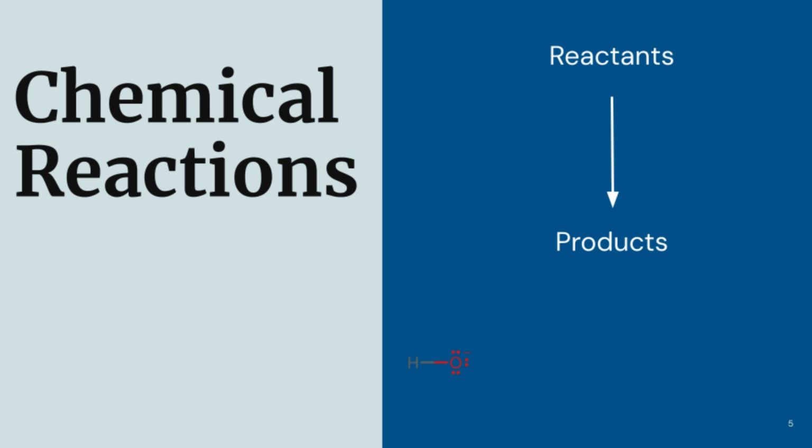So here we have a hydroxide, and when you break the bond that's connecting them, you just get a proton, which is the hydrogen, and a very unstable oxygen. Really, we can see a great deal of chemical reactions happen within the world that surrounds us.